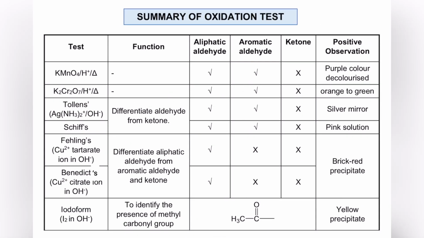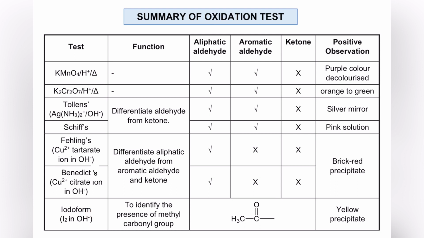Before we end our video, I got a summary of oxidation test yang kita ada dalam chapter, especially untuk carbonyl compounds. Awak ada KMnO4, dichromate, and awak ada Tollens' test, and then Schiff's, dan juga Fehling's and Benedict's. Seterusnya awak ada iodoform.